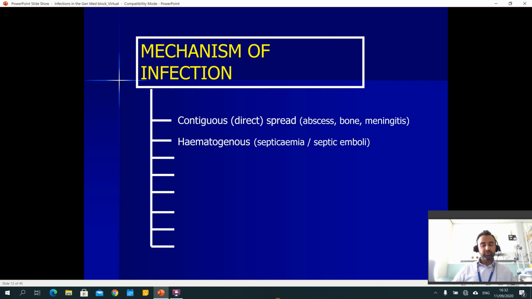Hematogenous spread. So again, if we take either of those scenarios, you've got your contiguous spread from external to internal. If that then ends up in the bloodstream, you'll get hematogenous spread. So the bacteria will float away into the bloodstream. This may well lead to septicemia or sepsis and may actually start seeding in other parts of your body.